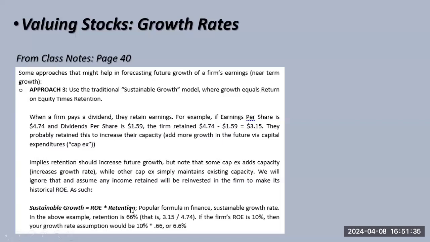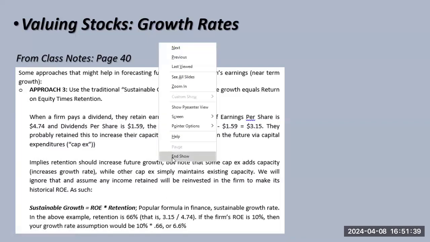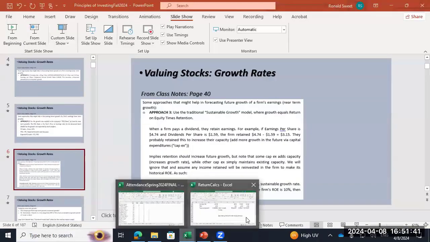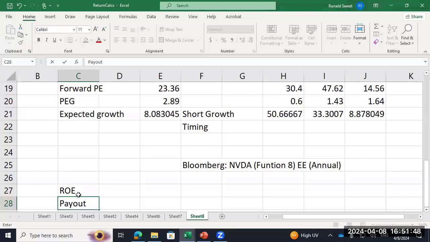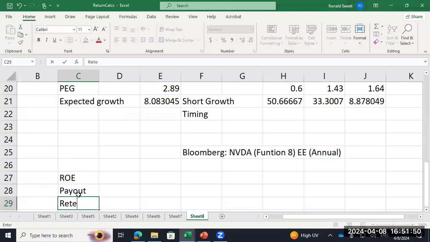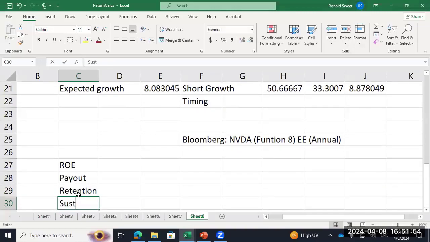So ROE times retention gives you your sustainable growth. There's a big problem with this, but we'll calculate it anyway. So you get ROE, you get the payout, that gives you retention, and then you get sustainable growth.